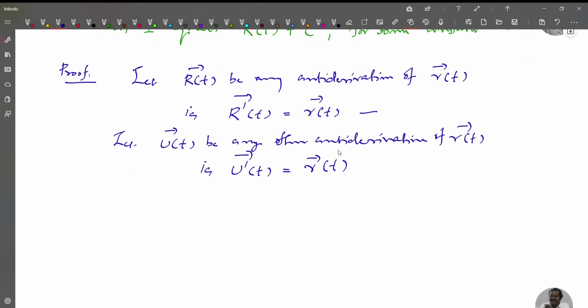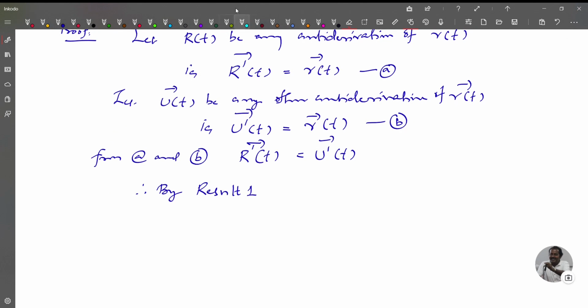Call these equations A and B. From A and B, R prime of t equals u prime of t. Therefore, by result 1, R of t and u of t differ by a constant. Therefore, u of t equals R of t plus c, where c is a constant vector.